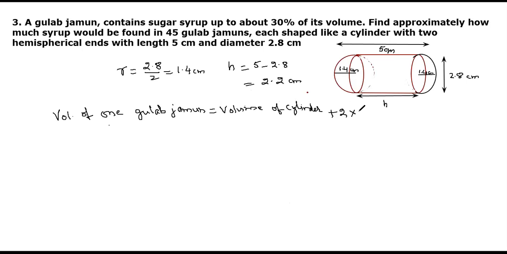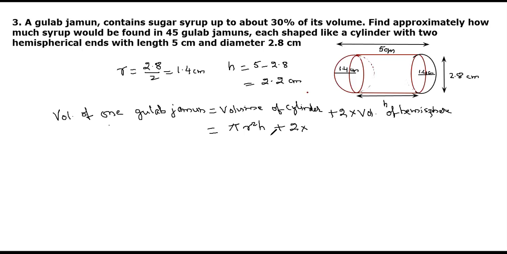The volume of hemisphere, or we can say hemispherical ends. The volume of a cylinder, the formula you know, is pi r square h, plus 2 into the volume of hemisphere.